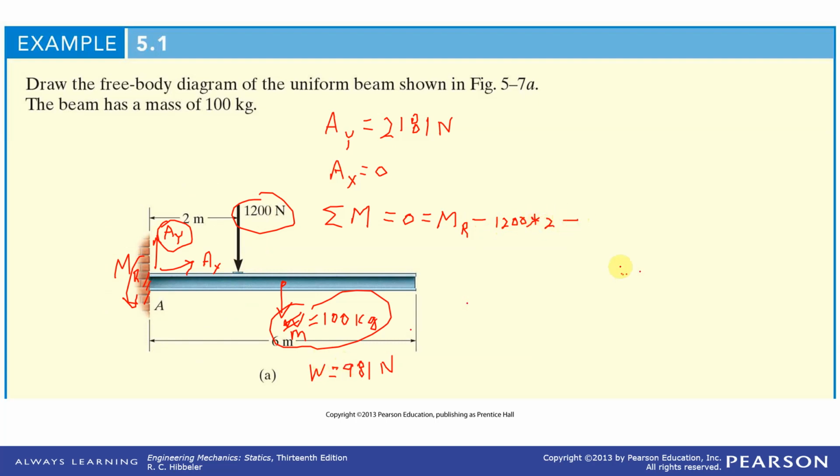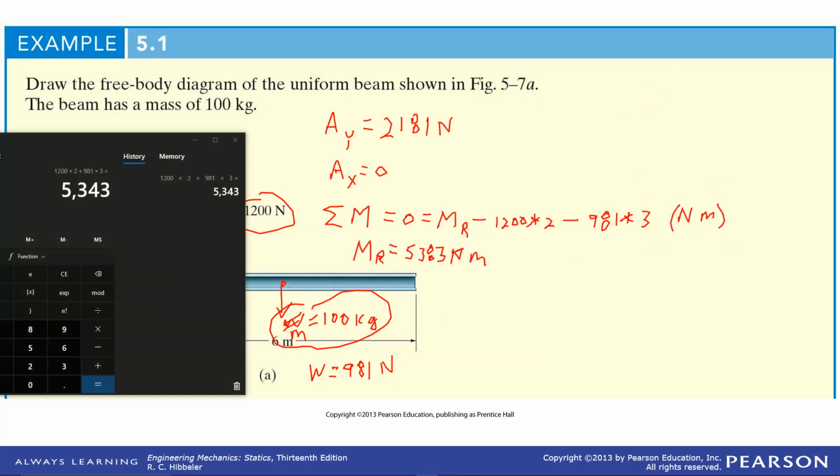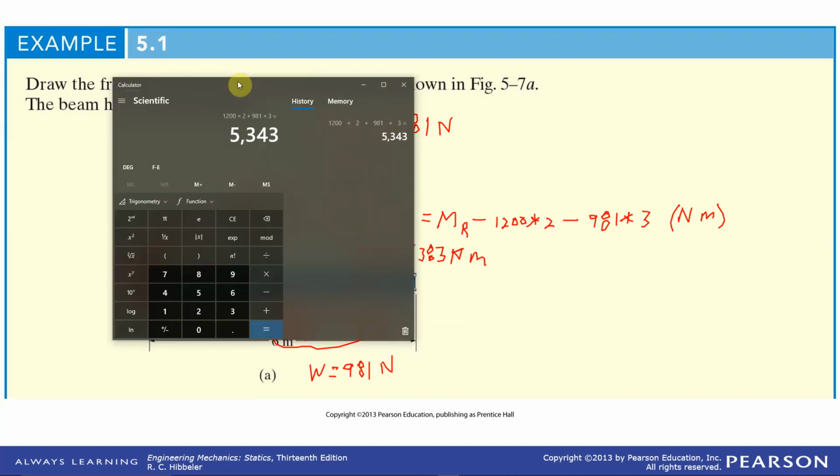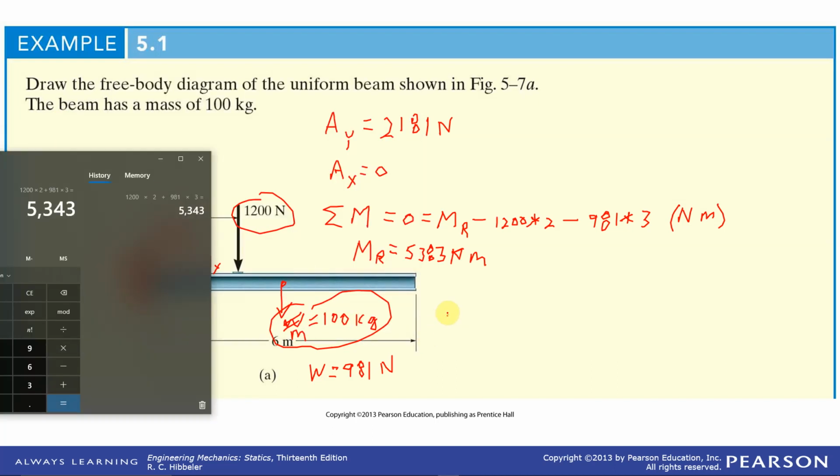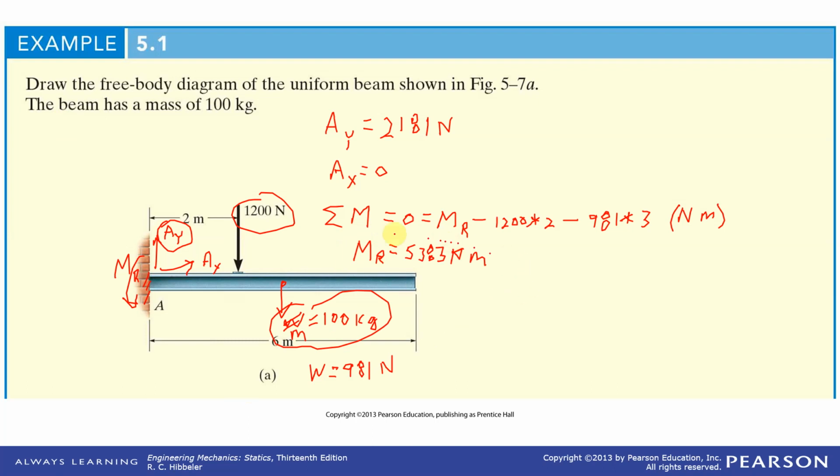Minus 981 times 3. And the units would be Newton meters. Okay, let's crunch the numbers, find out the answer to this guy. So, crunching my numbers in my calculator here, I get 5383 newtons.